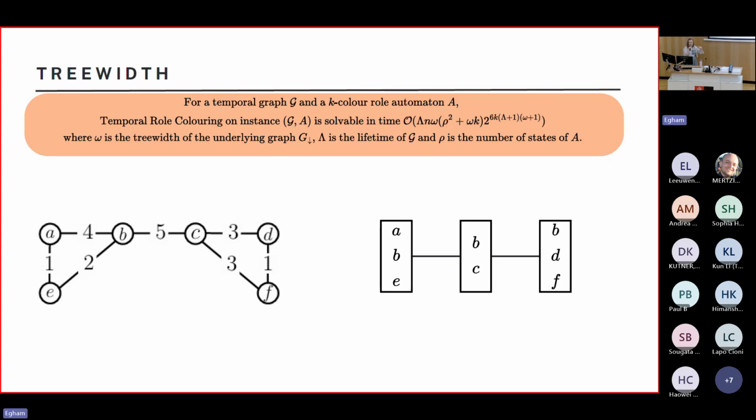And K can be a lot smaller than the number of states. So you can imagine that we have lots and lots of states that are all colored the same color, but we only care about the number of colors that are used. So this is slightly nicer to use K than to use rho.